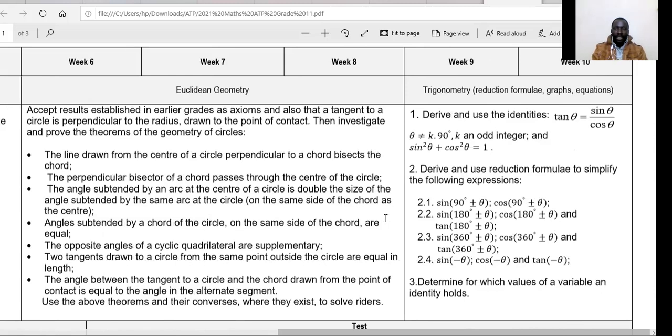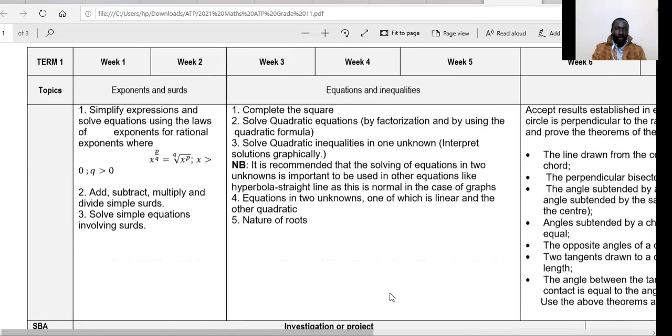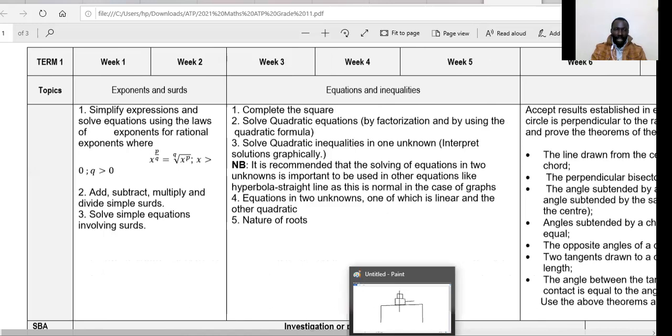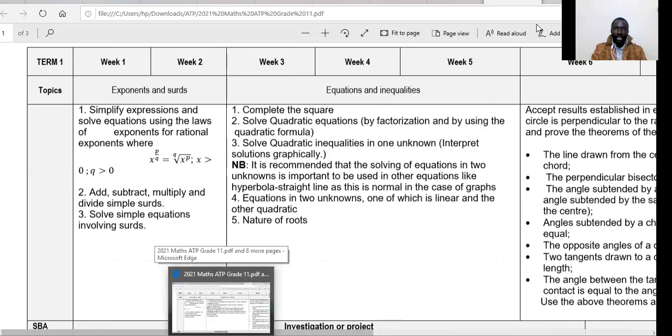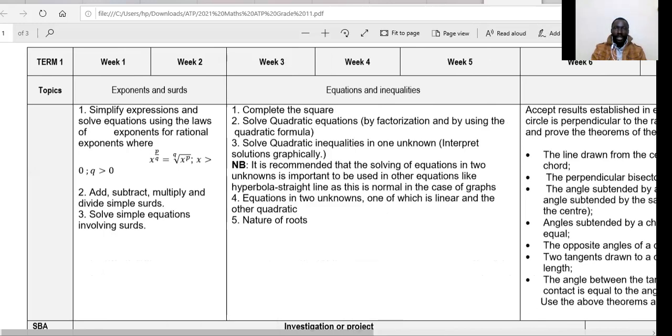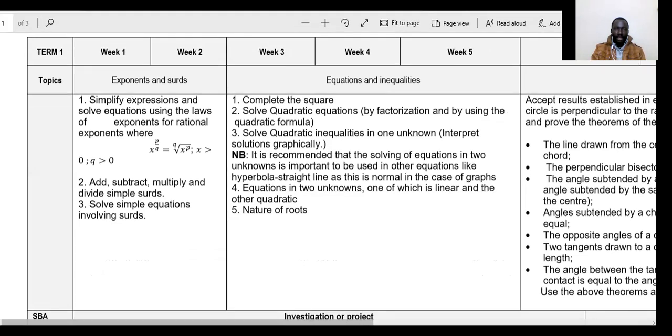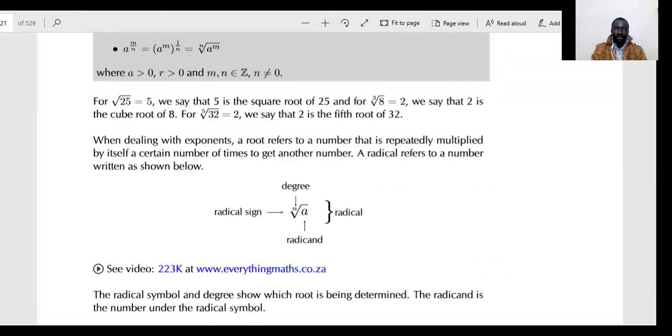Now we will move just a little bit further and look at the contents of this first topic, which is exponents and surds. For this specific lesson, the first thing we want to look at in exponents and surds will be the laws of exponents right here.